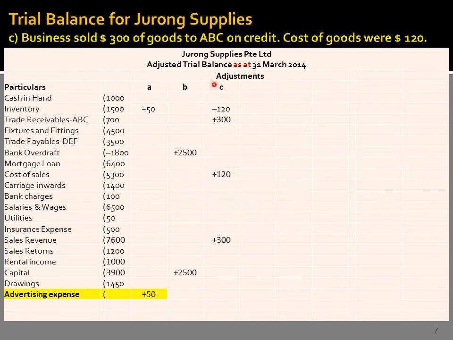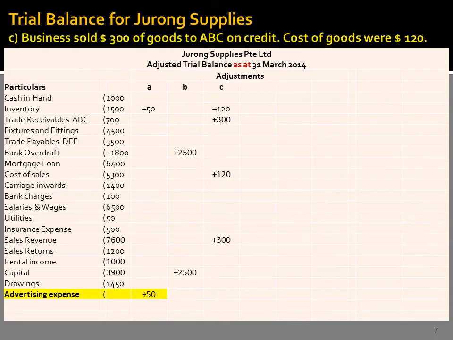The 4 accounts can be broadly written as the cost price adjustment, which is the $120, as well as the selling price portion, which is the $300. Locate the respective accounts which are affected and write the adjustments in the same line as the accounts.